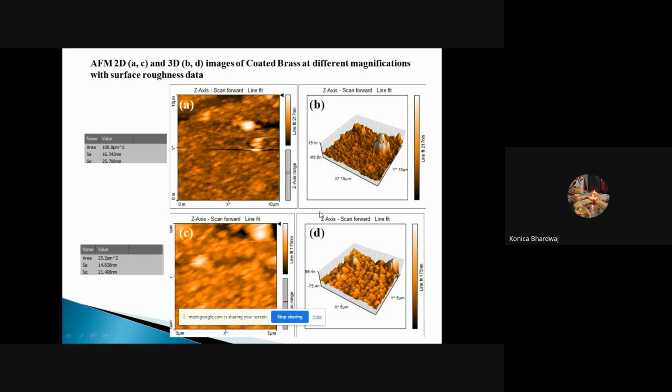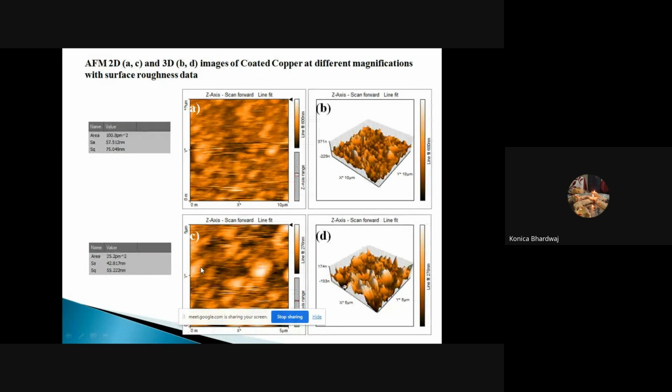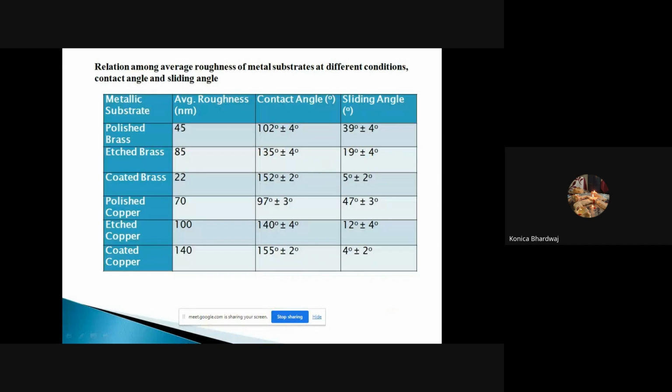So even the asperities here show the roughness has been achieved for the coating over the metal surface and alloy surface. Then for copper, the same roughness parameters and the AFM images show the asperities have been achieved, in which the air will be trapped easily. The grooves have been created.